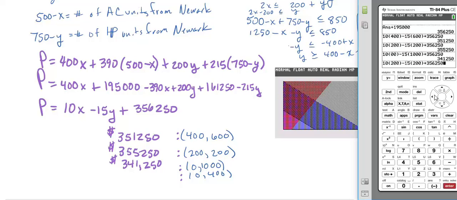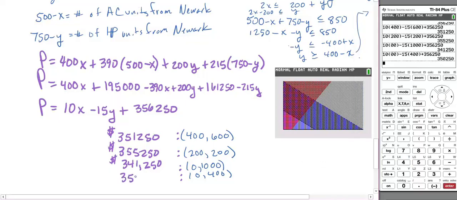We've got 0 and 400. And that would be 350,250. And it looks like the highest profit we will make is this.